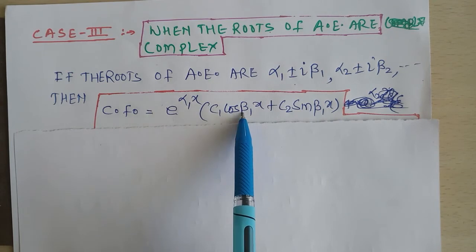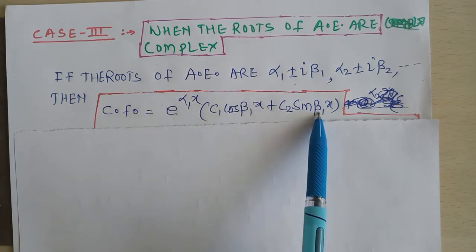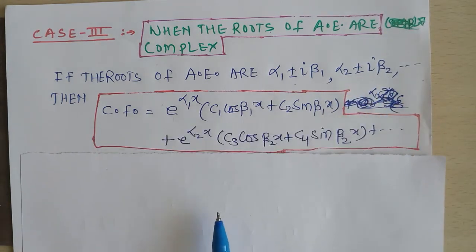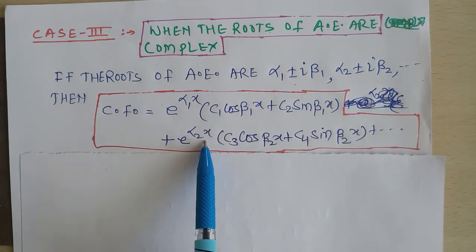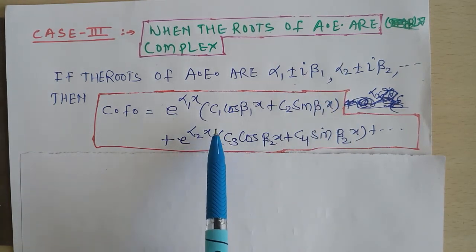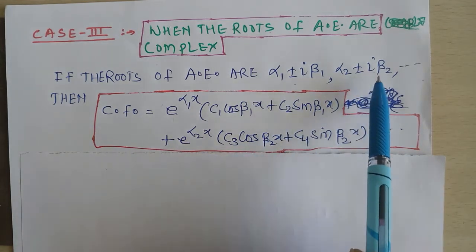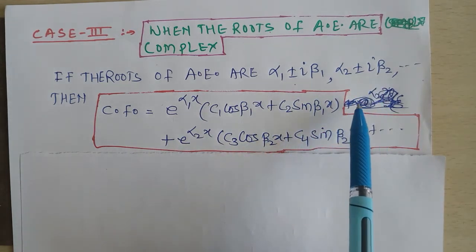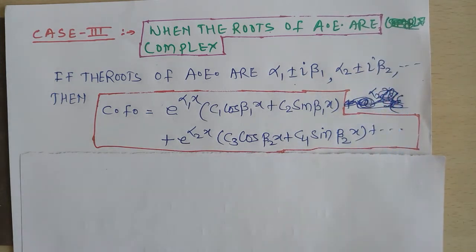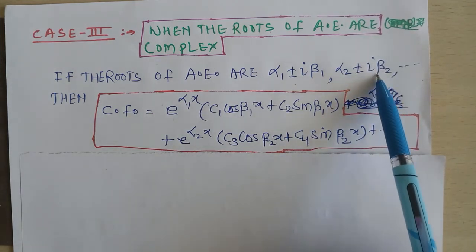So C1 cos beta 1x plus C2 sin beta 1x, plus for these two complex roots we add the CF e power alpha 2x, the real part, so e power alpha 2x multiplied by C3 cos beta 2x plus C4 sin beta 2x. Beta 2 is the coefficient of the imaginary part iota.